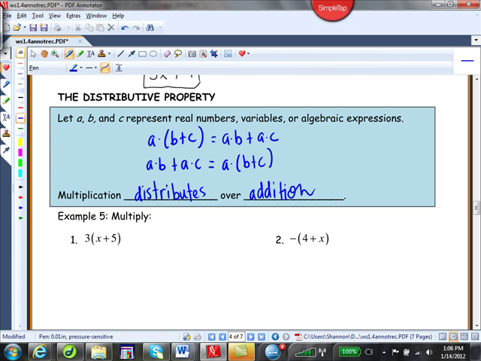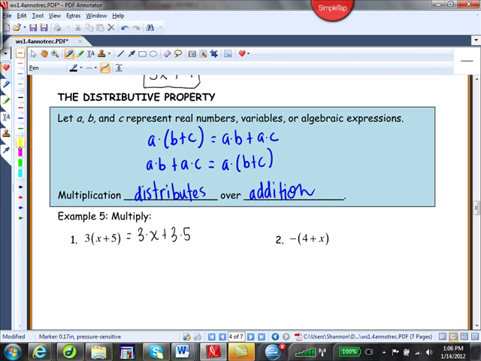So here we go. If we use our distributive law, we'll be looking at this as 3 times x plus 3 times 5.